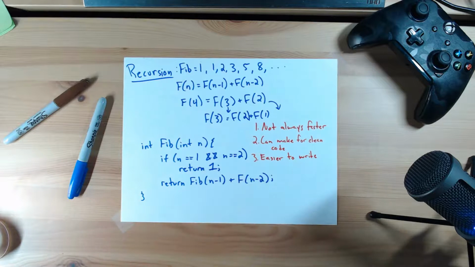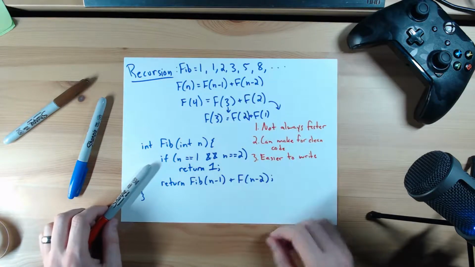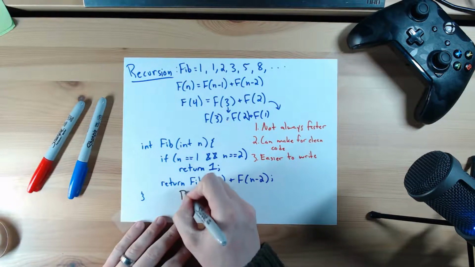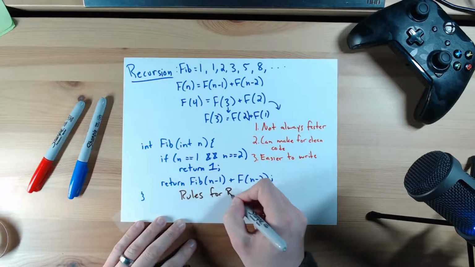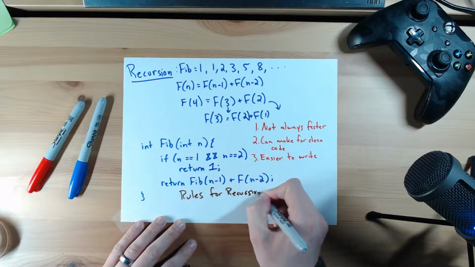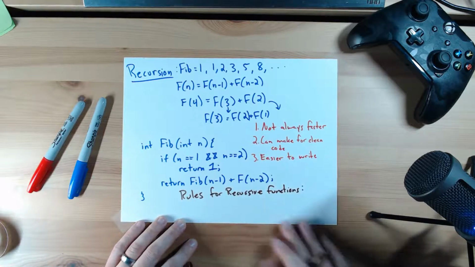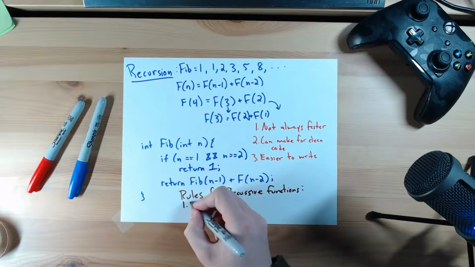Now, there are three rules that you need to keep in mind with any recursive function as you're writing these things in code. Here are the rules for recursive functions. Number 1, they must have a base case.